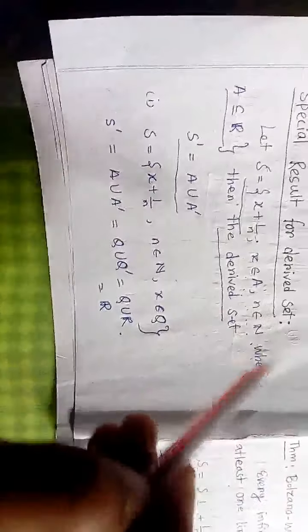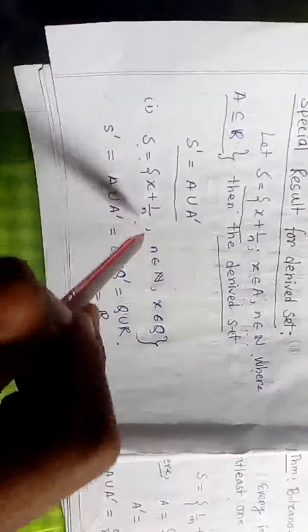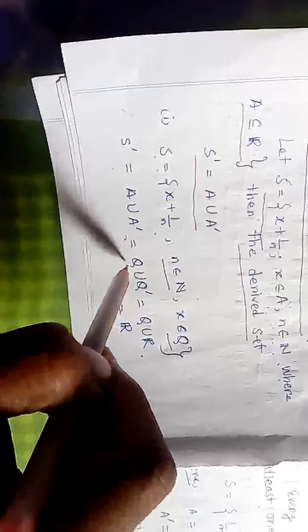If we consider an example, S equals x plus 1 upon n, where n belongs to the natural numbers and x belongs to Q. Then the derived set will be S dash equals A union A dash, here A equals the rational numbers, so Q union Q dash, that is Q union R. So that will obviously be the real number system.